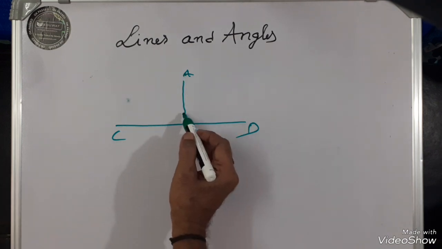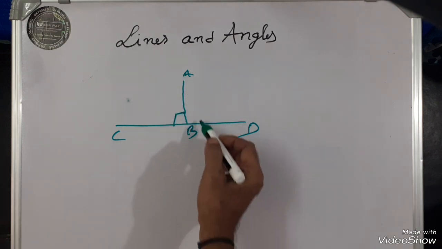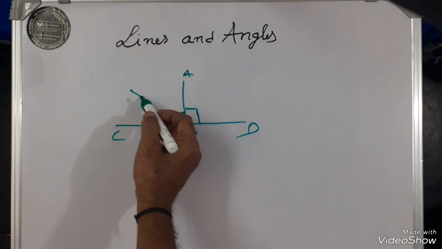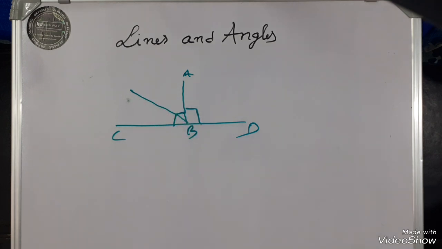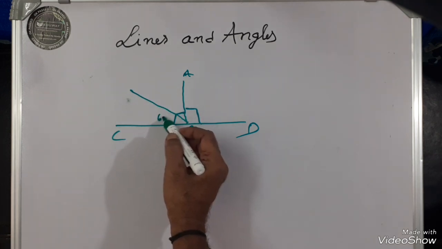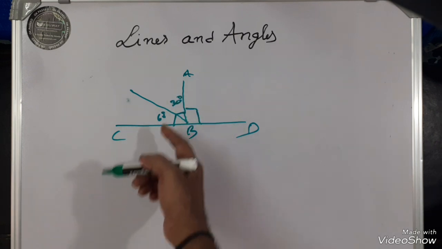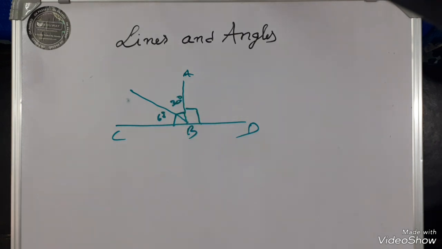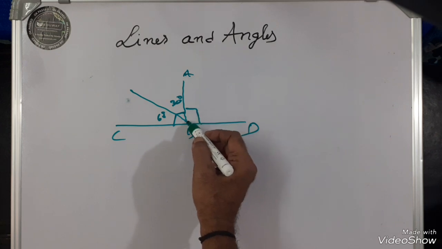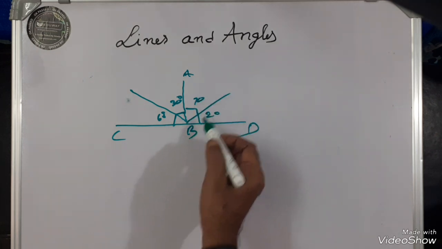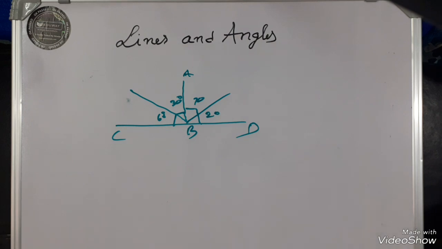It means this side 90 degrees is formed, this side also 90 degrees is formed. Here you can divide, suppose this side 60 degrees, this is 30 degrees. 60 plus 30 is 90. Here also if you draw one line, this is 70, this is 20. 70 plus 20 is 90 degrees.